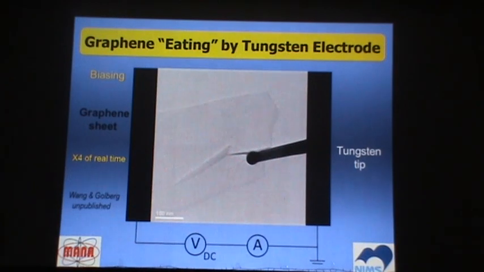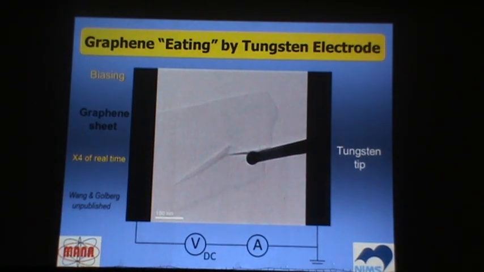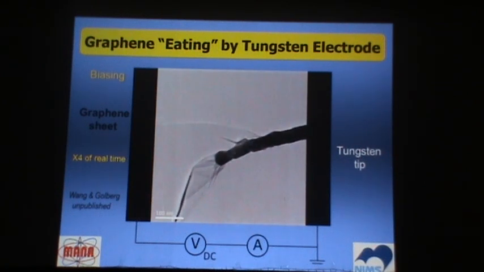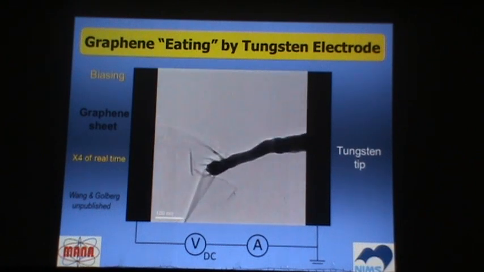The same is true for graphene. When we put an individual multi-layer graphene into the microscope, you can see very strong interaction. The tungsten tip eats graphene, and the size of graphene is changed, and resistivity is also changed here.